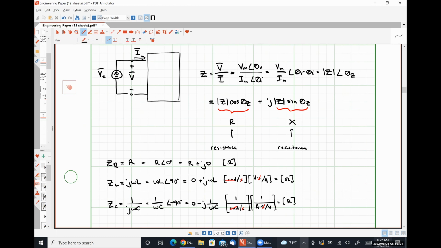Or what does an impedance or a resistance of zero mean? A short circuit. For our capacitor, what happens when omega is very close to zero? We have 1 over 0, which looks pretty much like infinity, so the capacitors behave like an open circuit.